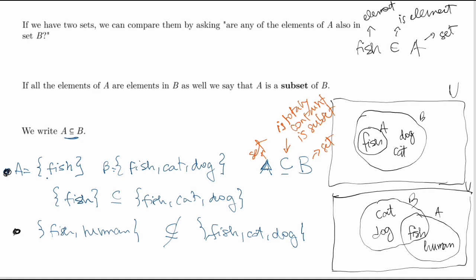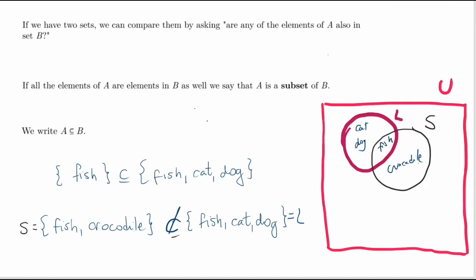Okay, I'm going to do one more example. Let's say that my animals, which I'm calling set L, are fish, cat, dog, and Simone's animals, set S, are a fish and a crocodile.